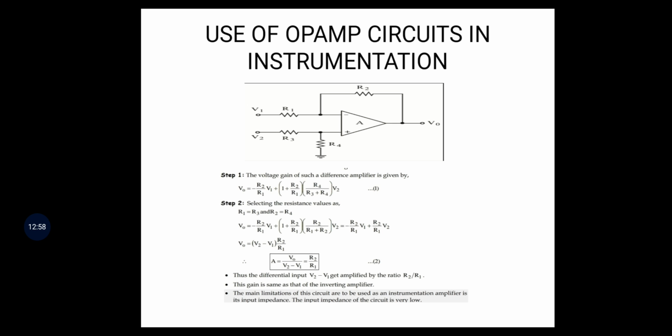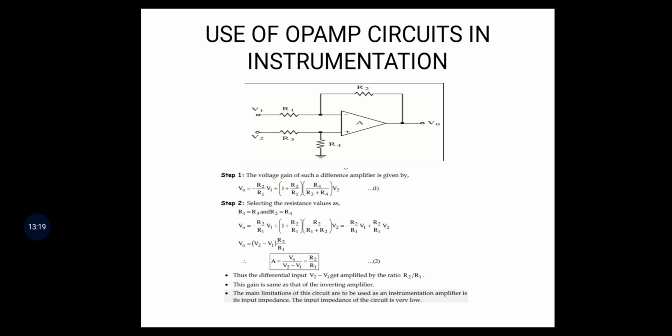So again we discuss the calculations. V0 equals minus R2 by R1 into V1 plus 1 plus R2 by R1 into R4 by R3 plus R4 into V2.